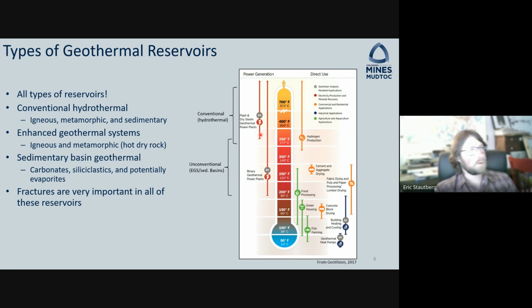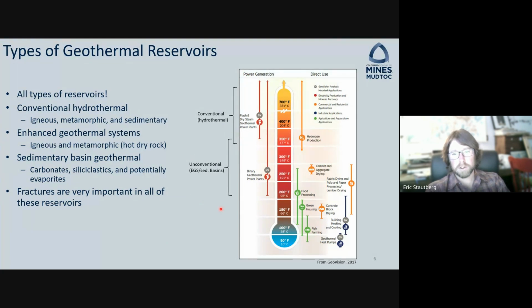On the right here, we have another diagram from GeoVision that shows some of these different uses based off temperature. Our conventional hydrothermal resources fall into this very hot category. Typically, that's just used for power generation or hydrogen production.